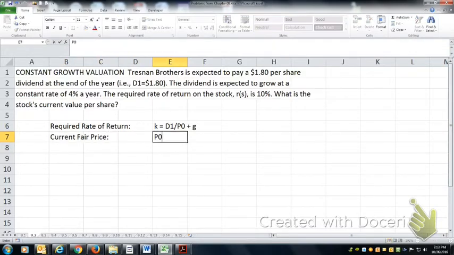That'd be the price at time 0, the price today, is equal to the dividend 1 year from now divided by the total rate of return K minus the growth portion G.